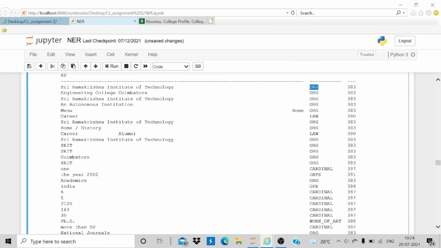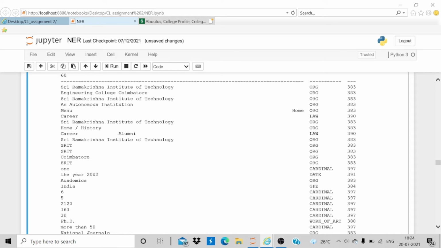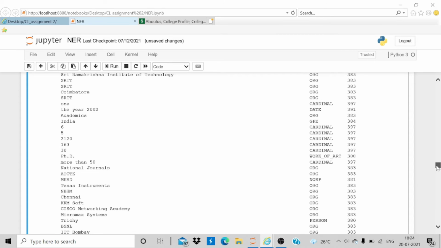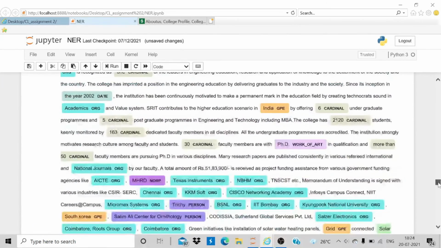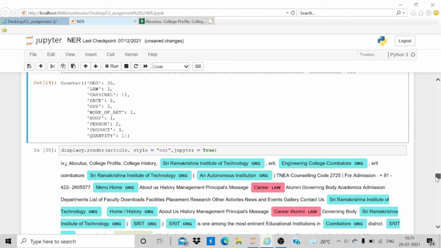And then this one talks about cardinal. And then the year 2002, this talks about date. India talks about geographical entity. Okay. So likewise, it is identifying named entities present in a given article. Okay. So now this displaCy is used to highlight the named entities present in the article.